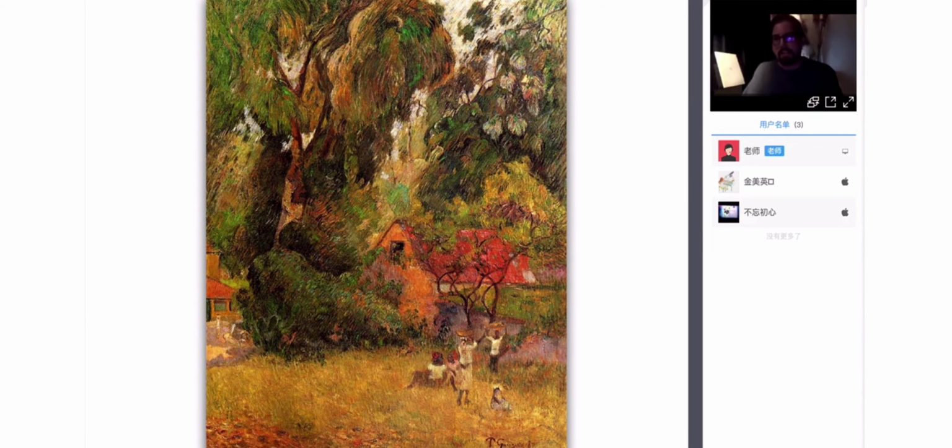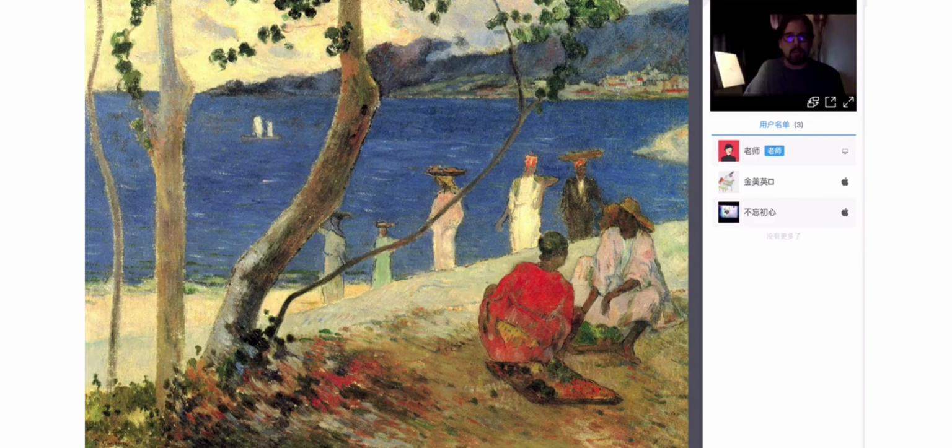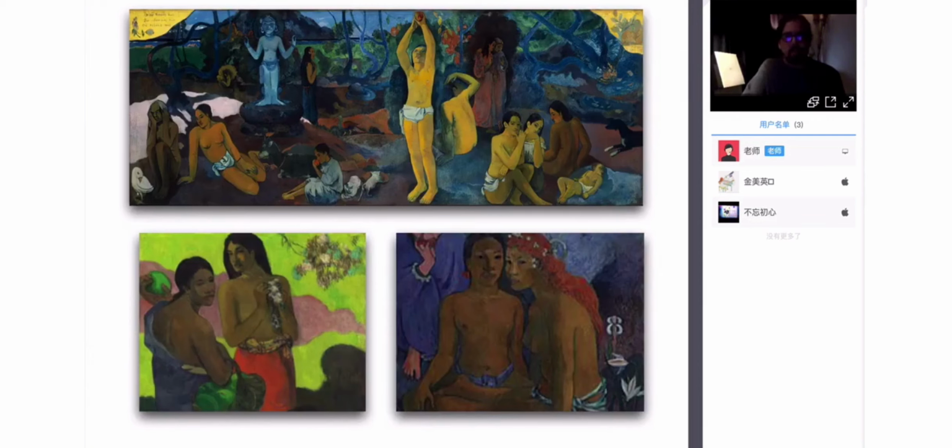So he began his career in France, and then left for Polynesia and painted scenes from the set of islands, painting indigenous people. His later works is where he really took on his own individual style, and as the video says, Gauguin, along with Van Gogh and Seurat, would influence people like Picasso and Matisse, the abstract modern artists of the 20th century.